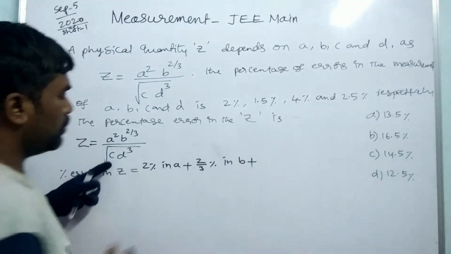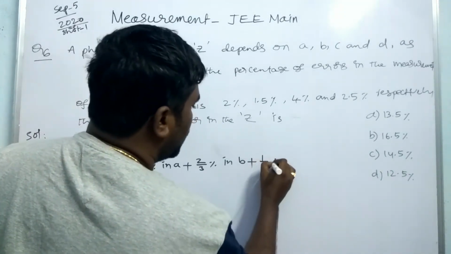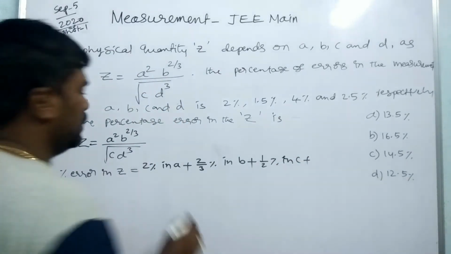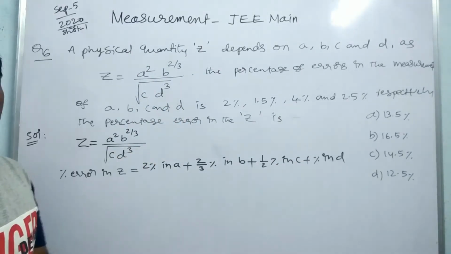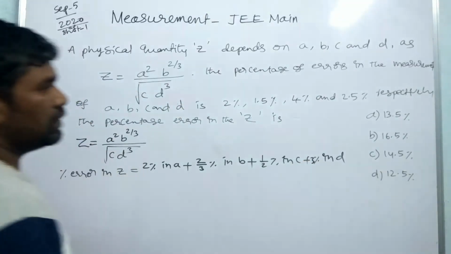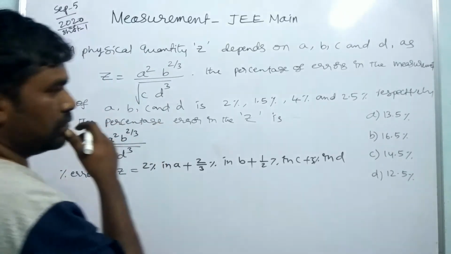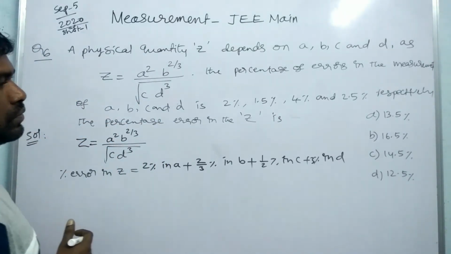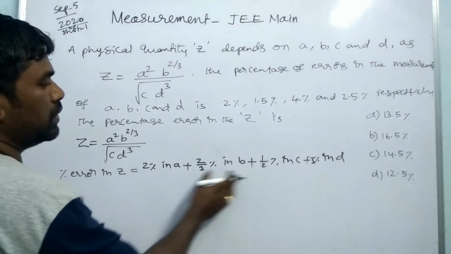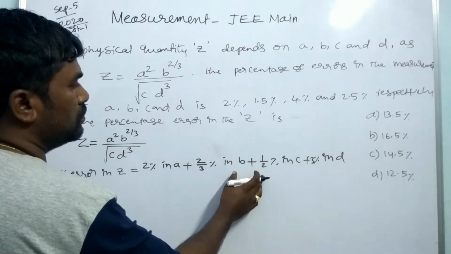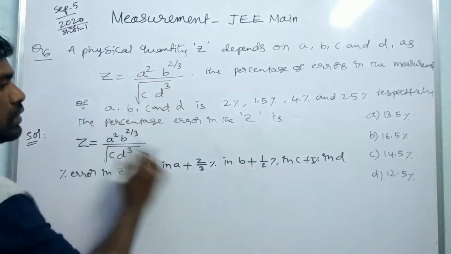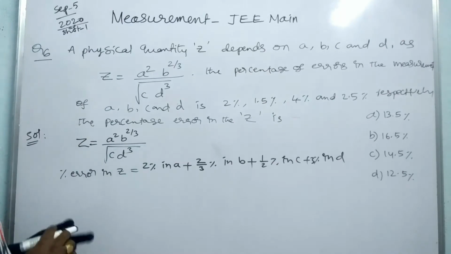Under root it is nothing but 1 by 2, 1 by 2% error in C, and plus here, D cube, it is 3% error in D. Okay, right. This is the method.